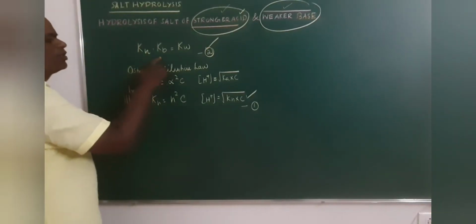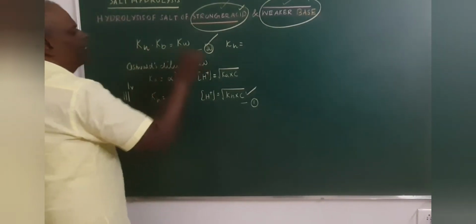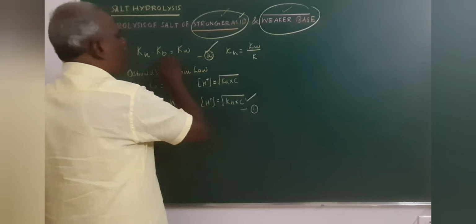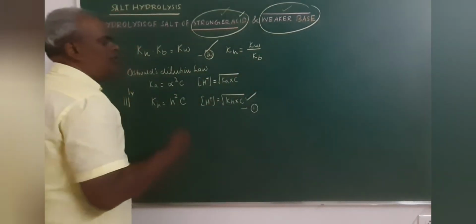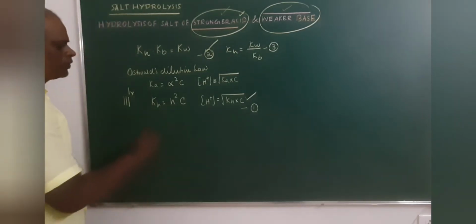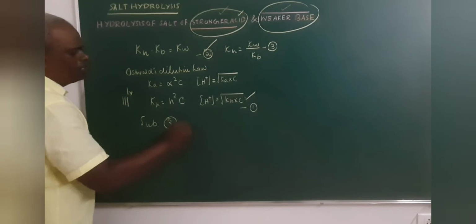Now from equation number 2, what is Kh? Kh is equal to Kw by Kb. This can be taken as equation number 3. Now substitute equation number 3 in equation number 1.